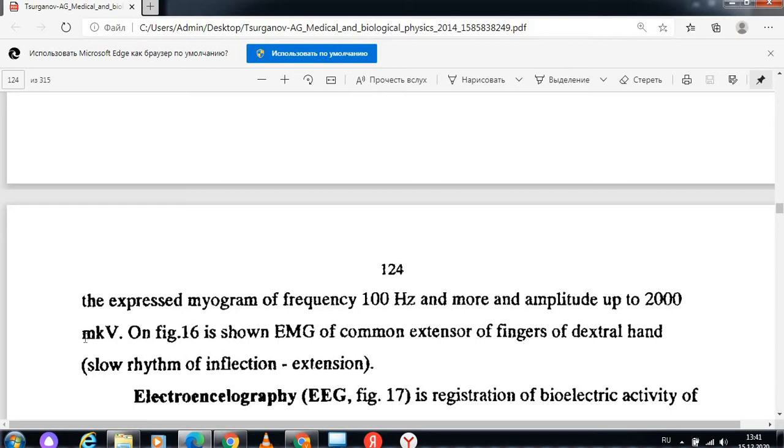Microvolt, it's better, yes, microvolt. So don't forget that micro is 10 to the power of -6.